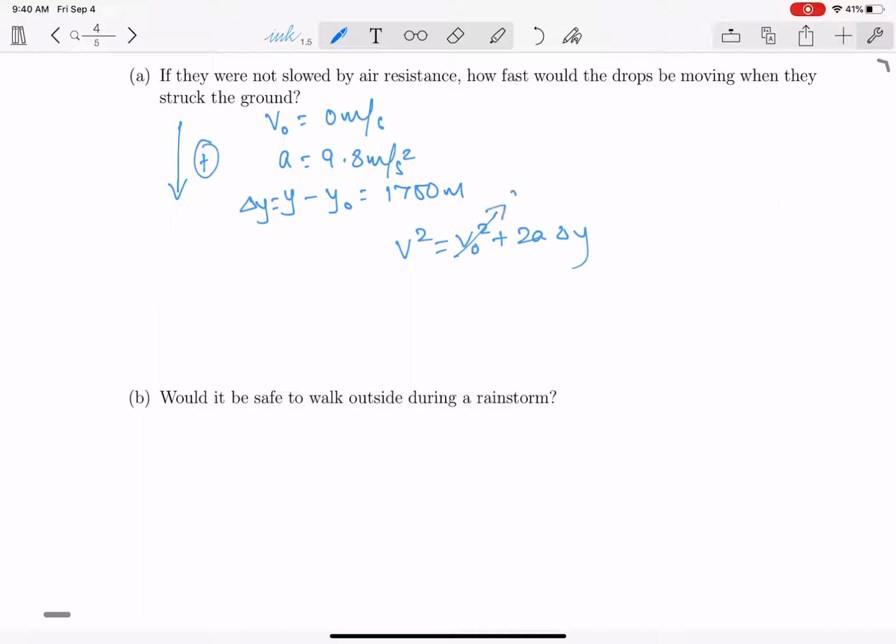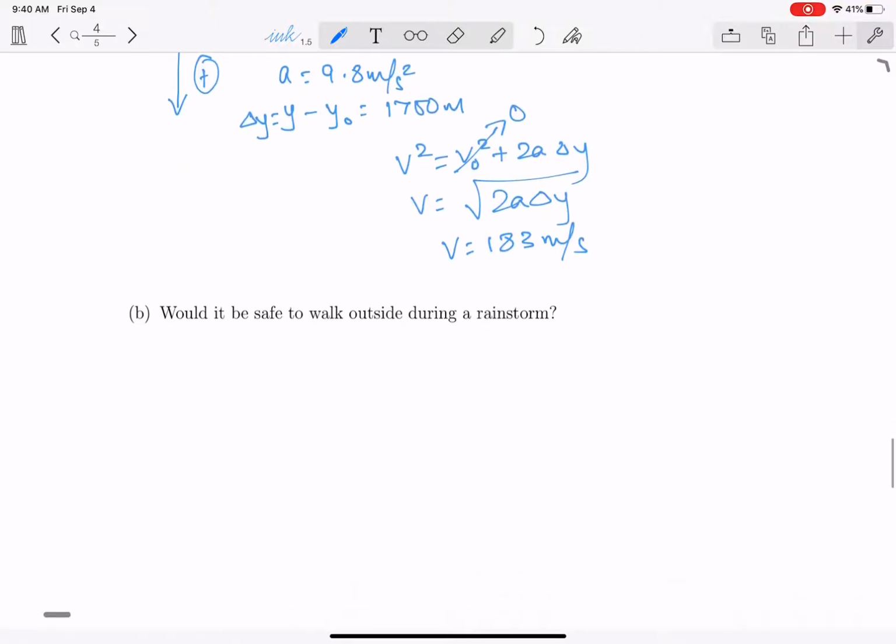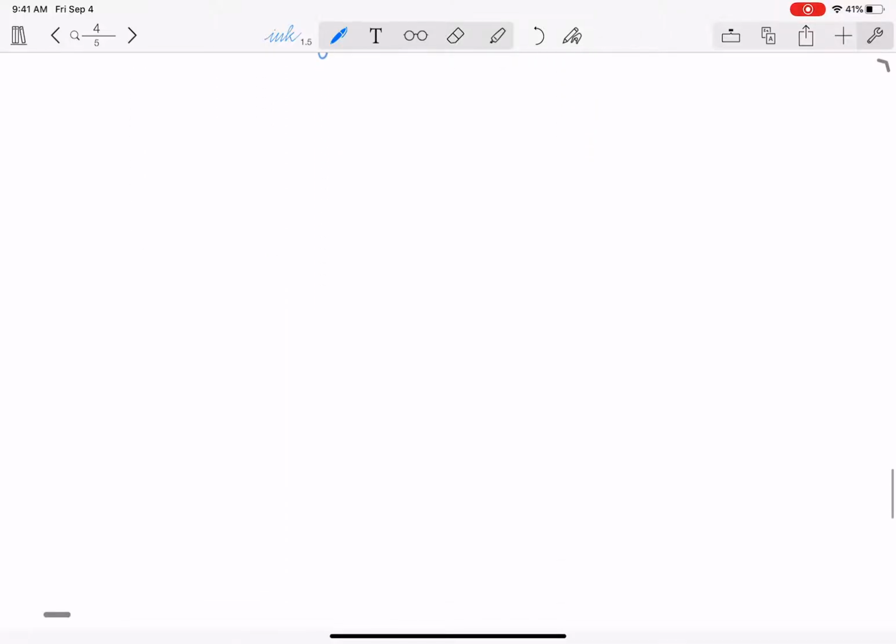V initial is 0, so the final velocity is the square root of 2a change in y. Plug in the numbers, you should get v to be 183 meters per second. That's a very high speed. You don't want to be in that kind of rain. Air resistance takes care of the speed of the raindrop, so it does not fall at a very high speed, as 183 is pretty much close to a bullet speed.